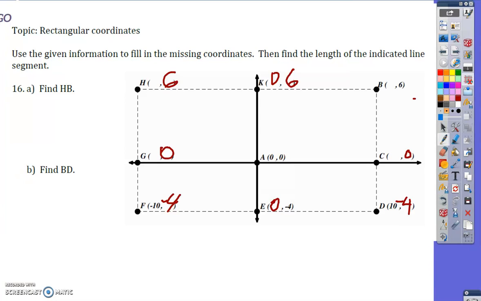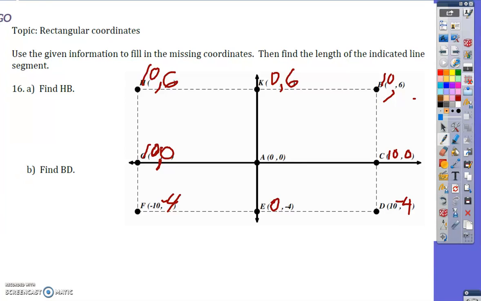Now, I got to figure out those first ordered pairs. Is there a hint? Okay, there is. All right. So we've got, see, now D has a 10 on it. And so that's the printed 10. And I know that those are the same horizontal distance from the origin. So these are all 10. And so now that I have those as all 10s, and make sure that's 10, 0 and not 100, I can use that to help me find the information it wants.